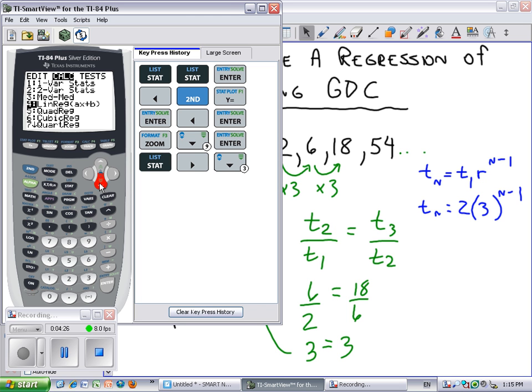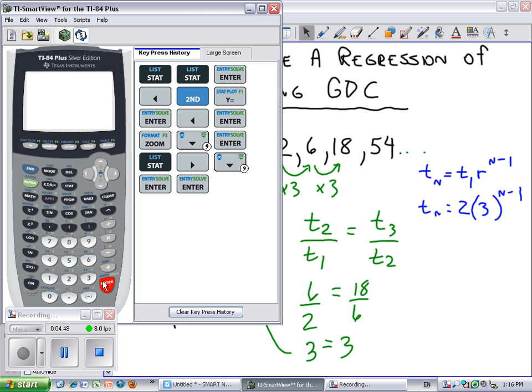We have linear equations, quadratics, cubics, quartics. None of those would best fit the model that we've drawn, though. As we proved before, an exponential, which is another way of saying geometric equation, would be the best. So pick exponential, press enter, and it's waiting for you to press enter again.